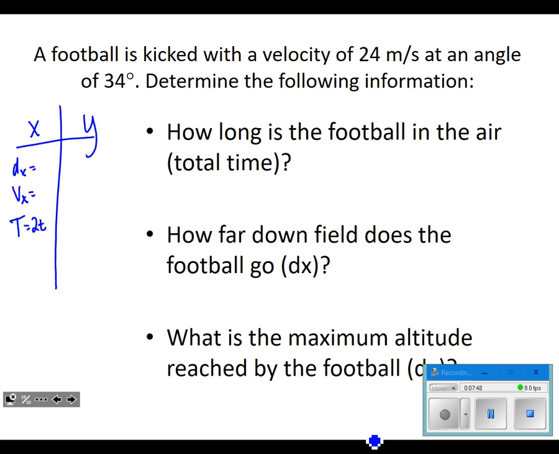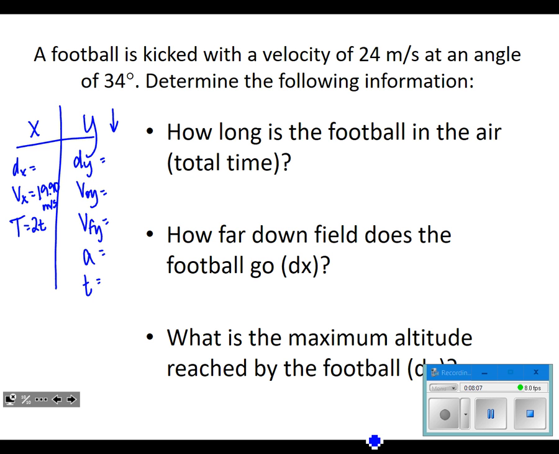And then we just calculated, if you did that calculation in the previous screen, I believe this is 19.90 meters per second. Then on the y side, we have dy, voy, vfy, a, and little t.